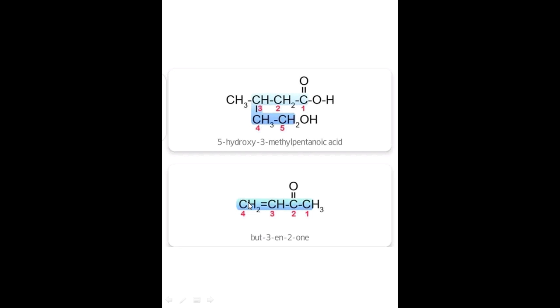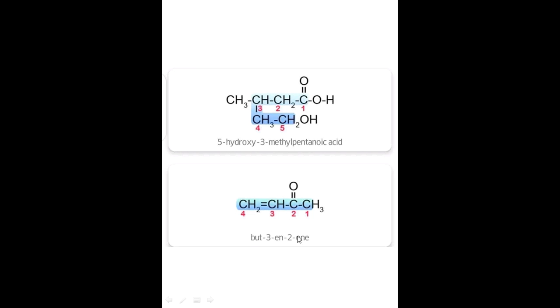Now this one too has no substituent, but it has an extra functional group. So here "en" is added to the root name. The 3 in front of the "en" indicates the position of the double bond. Then 2-one, the "one" here represents the ketone, which also shows the position of the ketone.